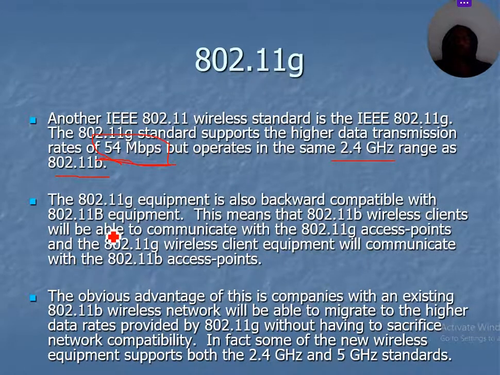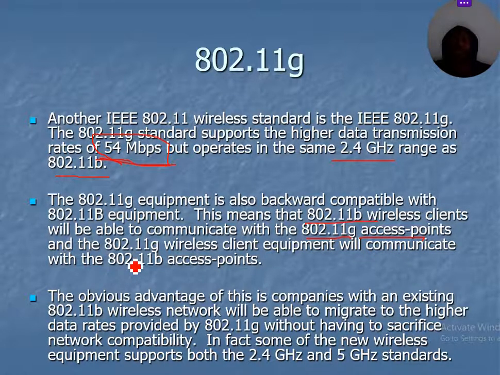Now the 802.11g equipment is back compatible with the 802.11b. This means that the 802.11b wireless client will be able to communicate with the 802.11g access point, and vice versa.